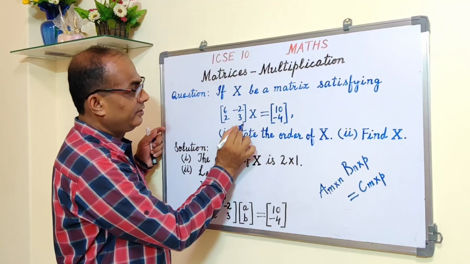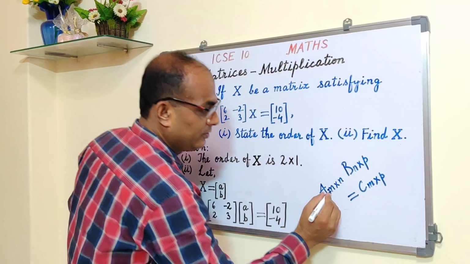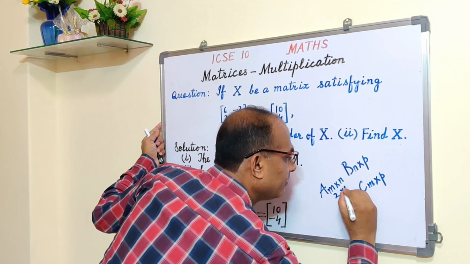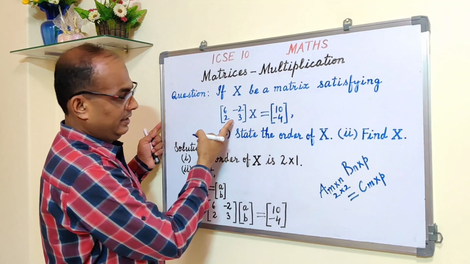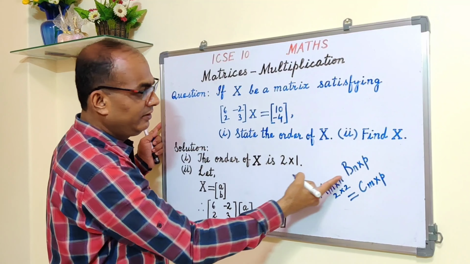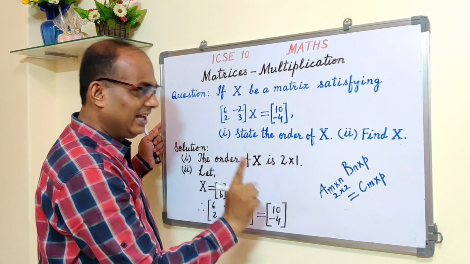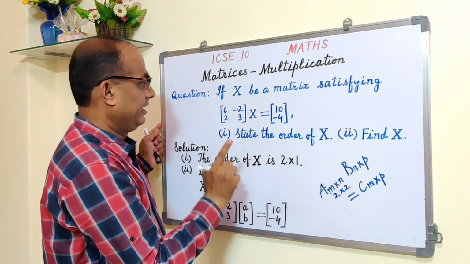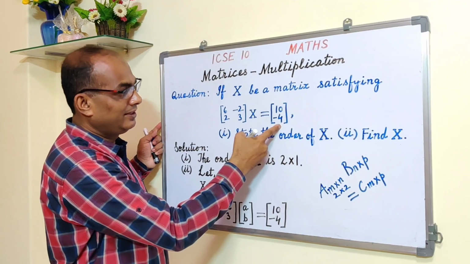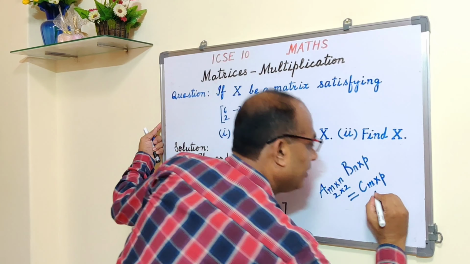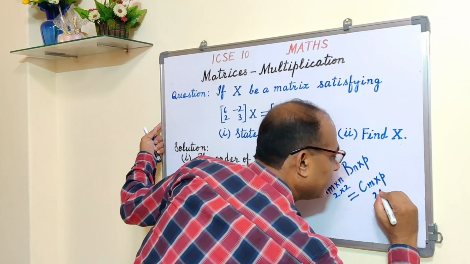Here the order is 2 by 2. In place of A we have this matrix, of order 2 by 2. In place of B we have this matrix, which we have to decide. And in place of C we have this matrix, with 2 rows and 1 column, so it is 2 by 1.